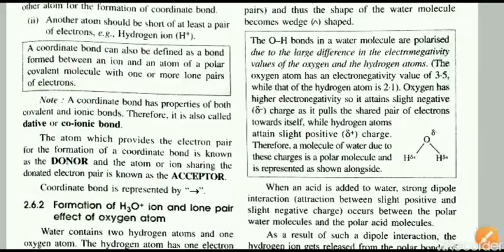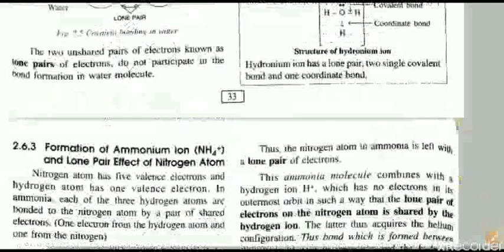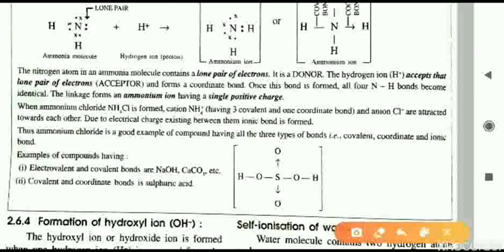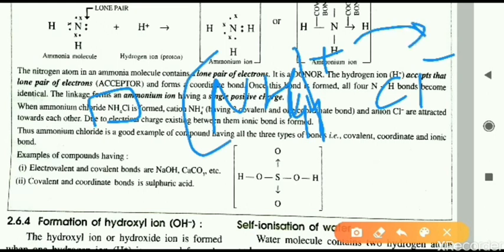That's all for the topic of coordinate bond. Apart from this, one more thing. Here some examples are given and some extra points are there. Here you see ammonia. In the case of the ammonium ion, NH4+, it forms an ionic bond with chloride ion, because NH4+ has a positive charge, and because of this it is attracted towards the negatively charged chloride ion, and this leads to an ionic bond.